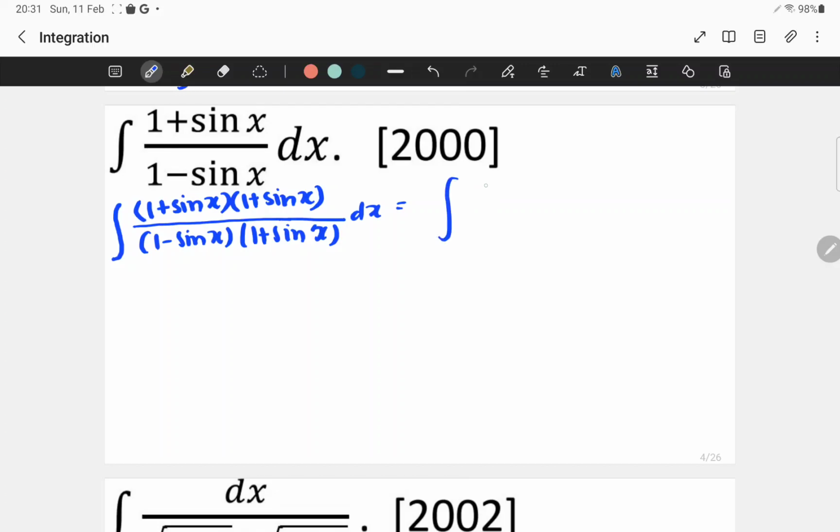This will give us one minus sin square x. One minus sin square x, we can write cos square x. This we will expand.